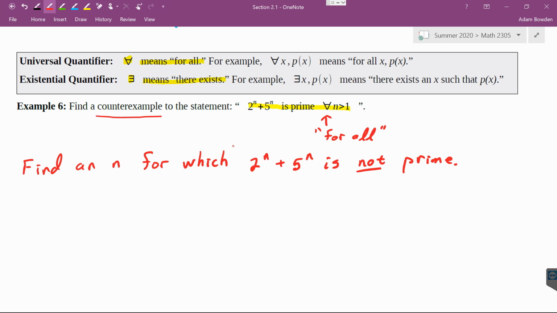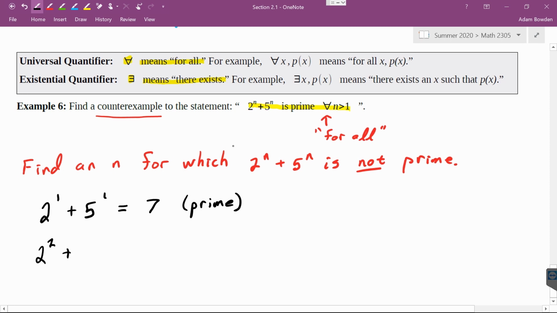So if it's not true for all, if there's one that exists that goes against the proposition, then we know the proposition is false, and we find a counterexample to it. So let's just try some numbers. Let's try an easy one. Let's say 2 to the first power plus 5 to the first power. Well, that is 7, and that's still prime. So for that number, the proposition is still holding true so far.